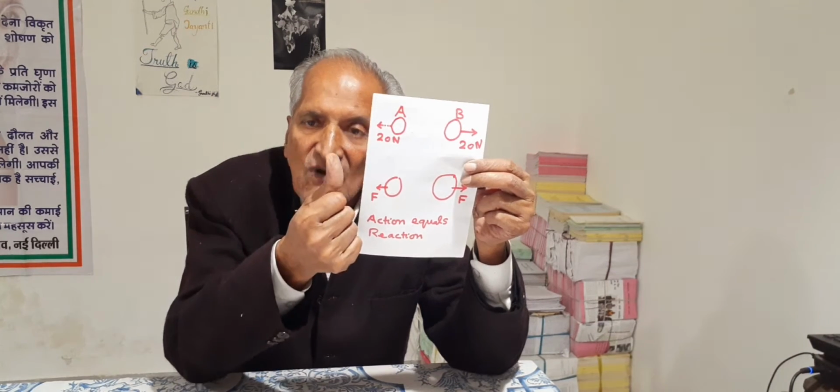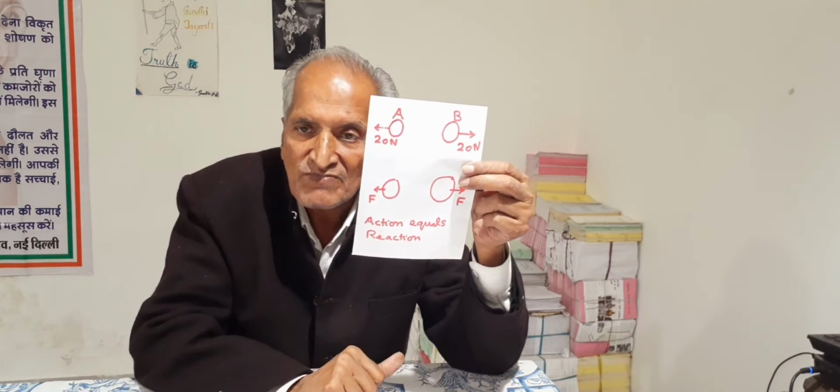Number one, action and reaction are equal in magnitude. If body A exerts a force of 20 Newton, then body B also exerts a force of 20 Newton on the other body. Second, obviously the force is in the opposite direction.